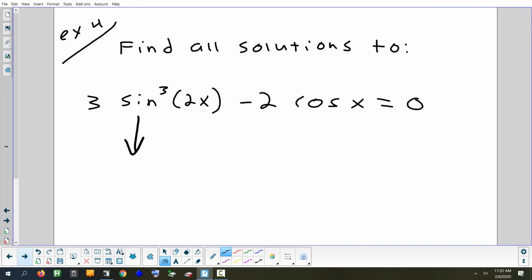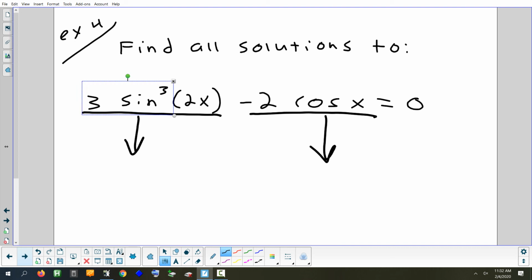So 3 sine cubed 2x minus 2 cosine x. Okay. There are 2 periodic terms. That's a term. That's a term. Remember, terms are separated by addition and subtraction signs. So there are 2 terms on the left. Okay. Sine to an odd power. Kara, what's my formula for sine to an odd power?